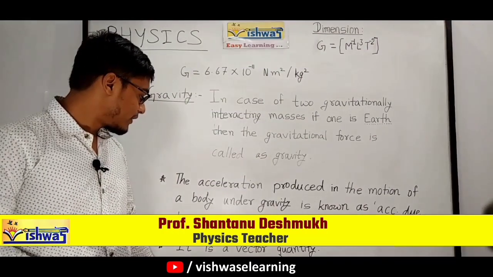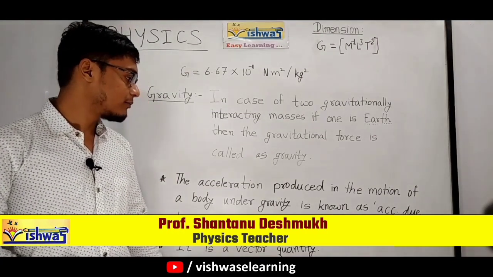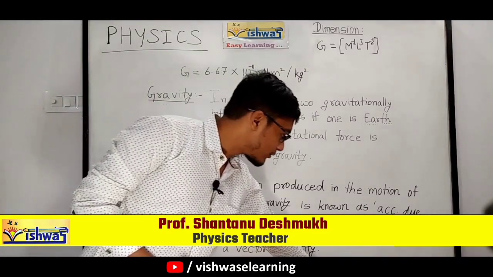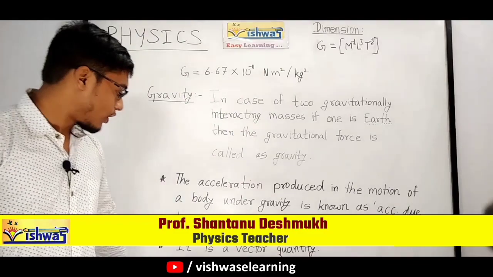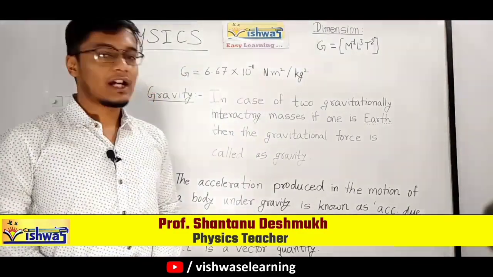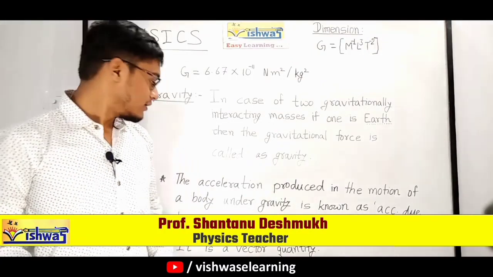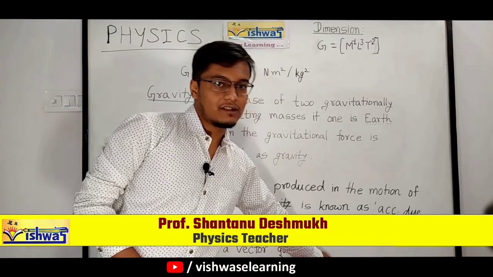Its magnitude is calculated as 9.81 meter per second square on the earth's surface, but if we change the planet, then the acceleration due to gravity will change.